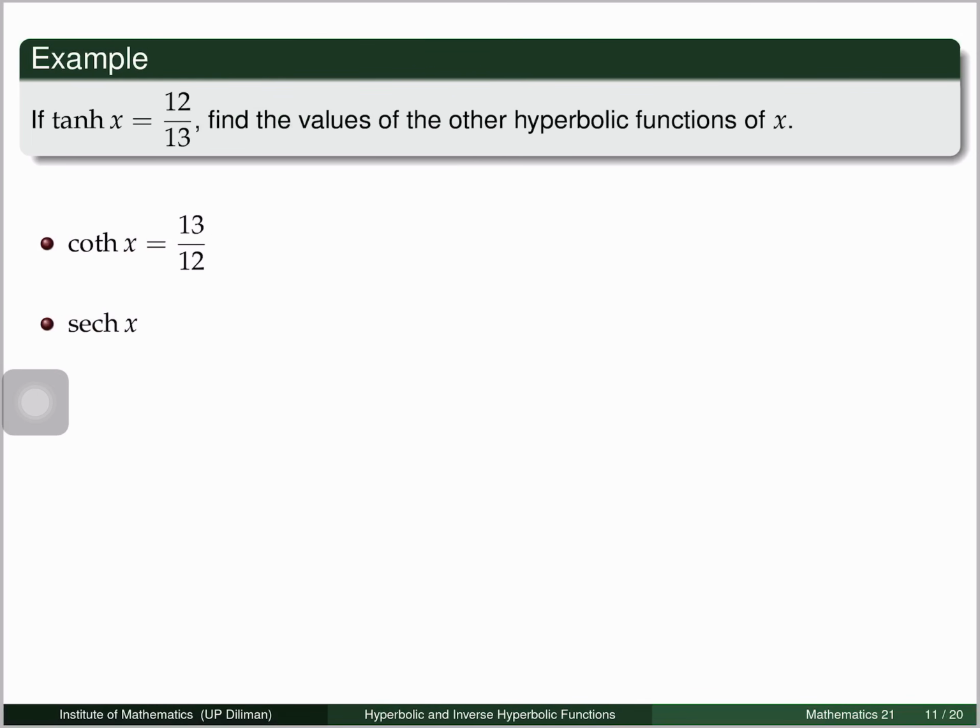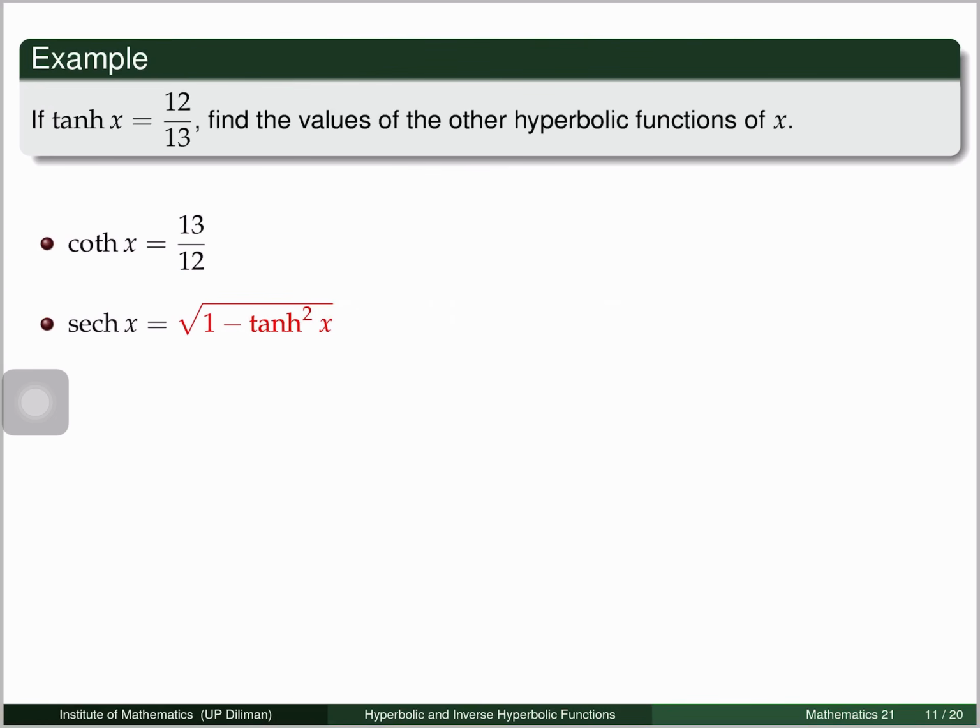How about sech x? So dito papasok yung tinatawag nating Pythagorean identity. So naka-red siya, bakit? So square root ng 1 minus tanh squared x. Kasi dun sa Pythagorean identity, naka-square din si sech. So dito we get the square root. And if we get the square root, usually we use plus or minus.